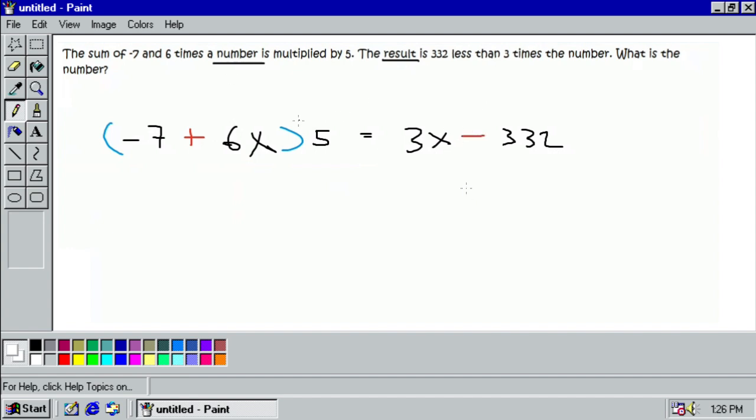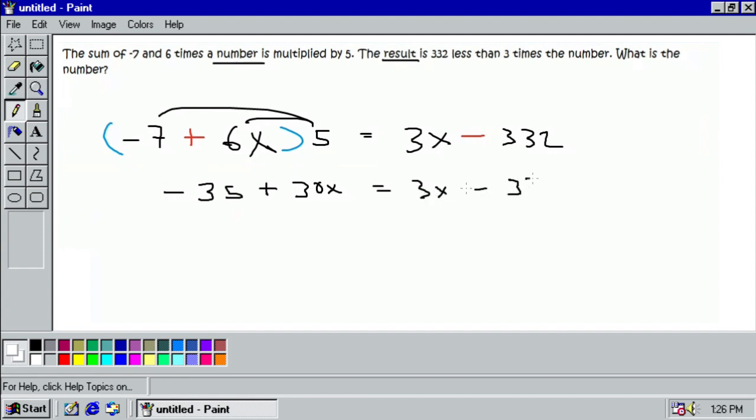So let's use the distributive property here. 5 times negative 7 is negative 35. 5 times 6 is 30x. That's a big number.